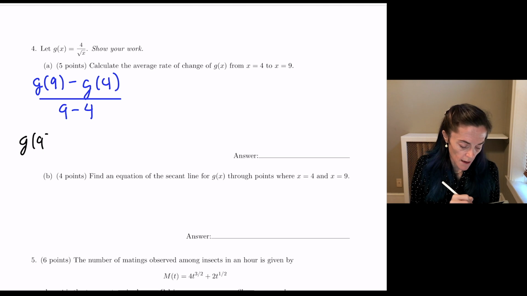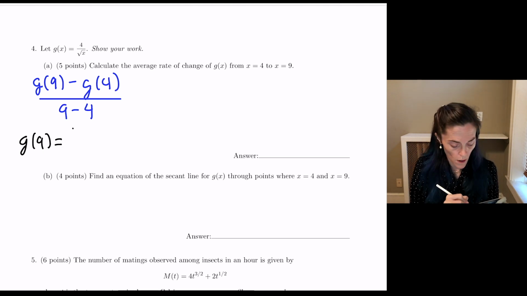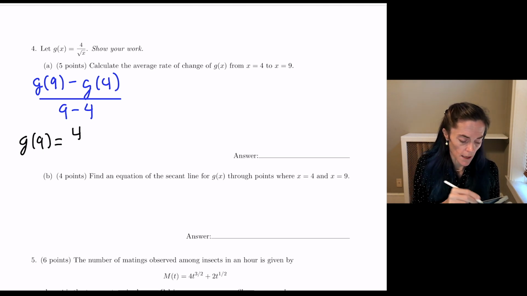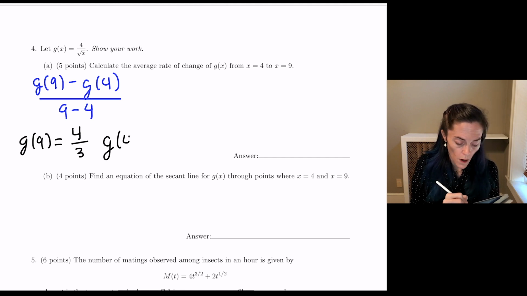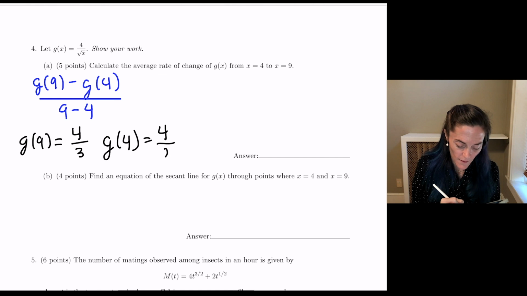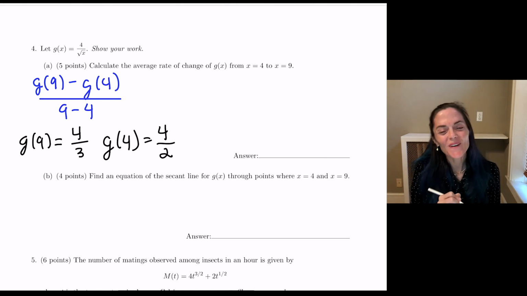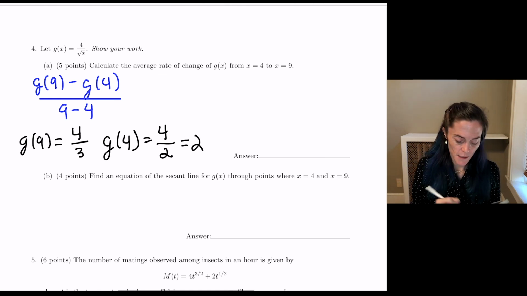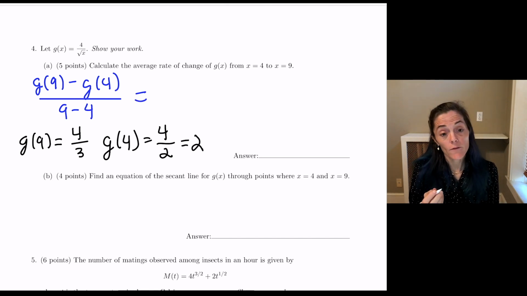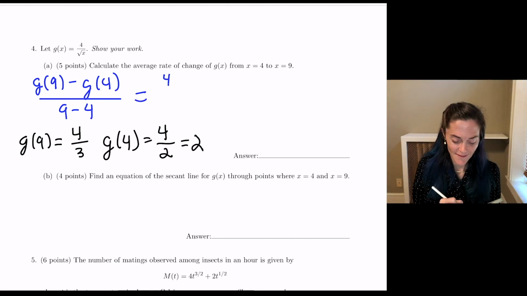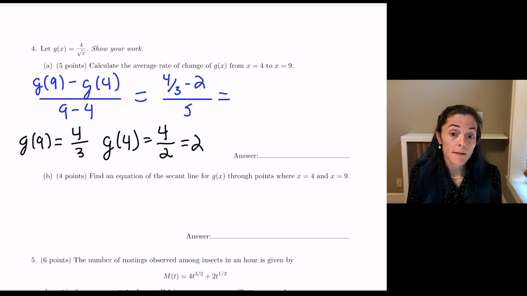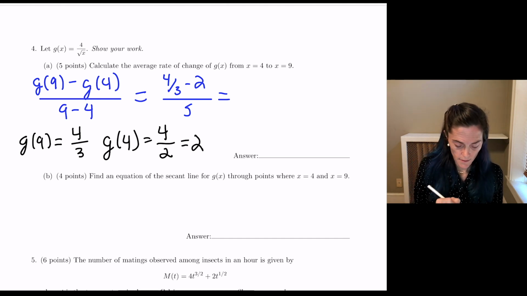So g of 9 is 4 over the square root of 9, which is 4/3. G of 4 is 4 over the square root of 4, which is 2. Now jump back into my quotient. I have 4/3 minus 2 divided by 5. 2 is 6/3.